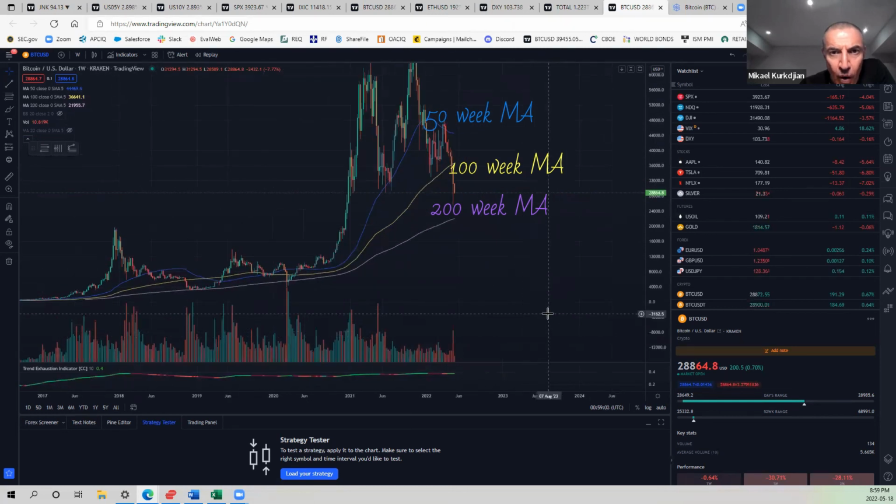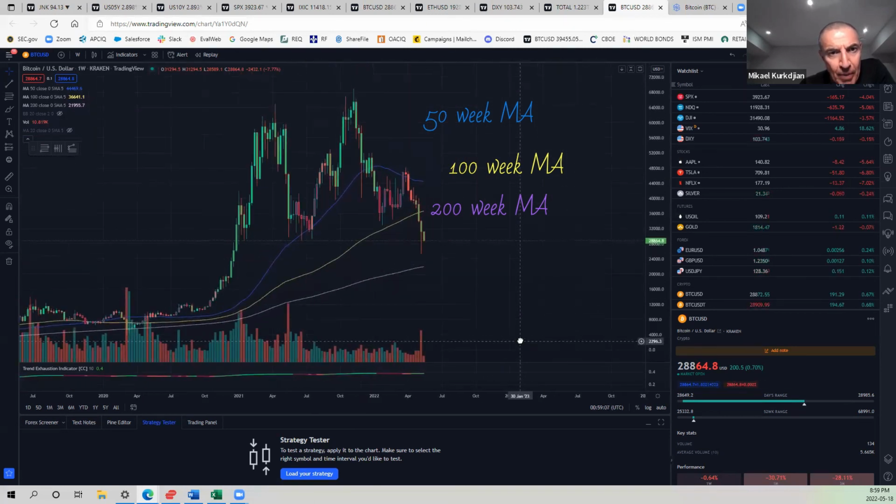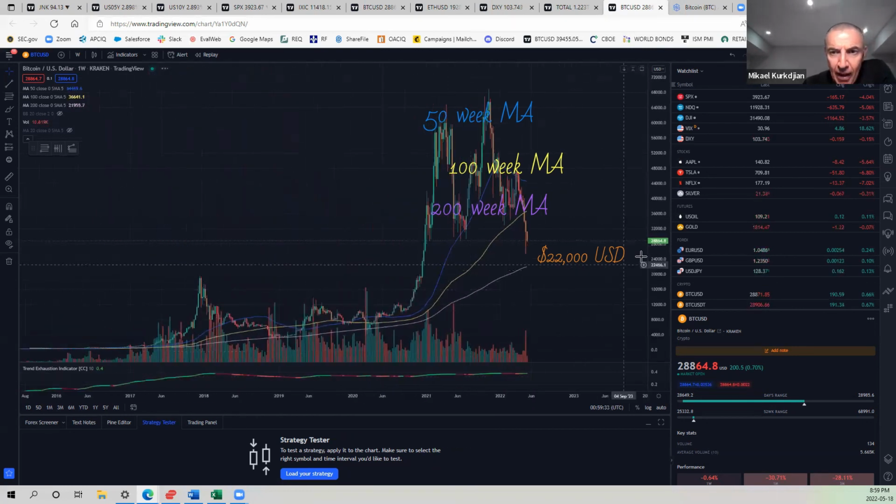So right now, the way I would see Bitcoin's price action is that there's a very high possibility, obviously nothing is absolute in this space, that we're going to be going down potentially to this 200-week moving average, which is going to be pricing us at around $22,000 US. Is this something that has happened many times in the past?